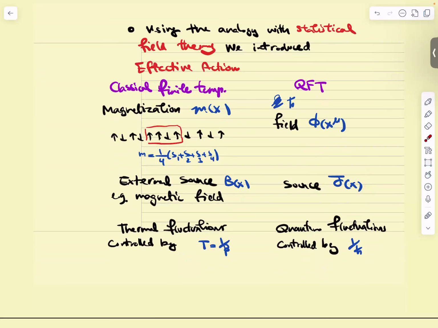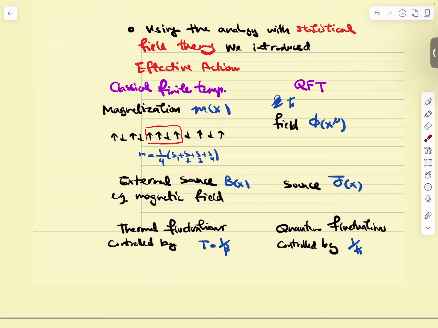The source J of x, here the analog of it is B of x, right? Because once you turn on a magnetic field, m responds. That's called linear response, actually, which is the first order. J of x is a source for phi of x, right? Here, what is the origin of fluctuation? We talked about this, right?